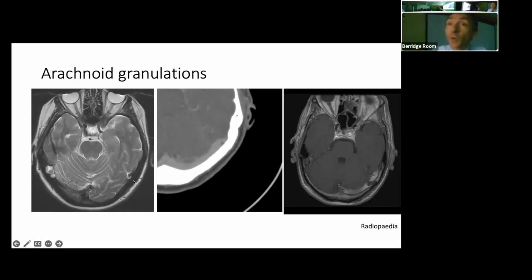But on the contrast enhanced imaging, they can mimic a non-occlusive thrombus. They can be a tiny structure like that, or a bigger structure, a filling defect, shown on the right-hand image. I've lost my mouse, but you can see a little oval filling defect within the sinus, which is a normal arachnoid granulation and not a thrombus.